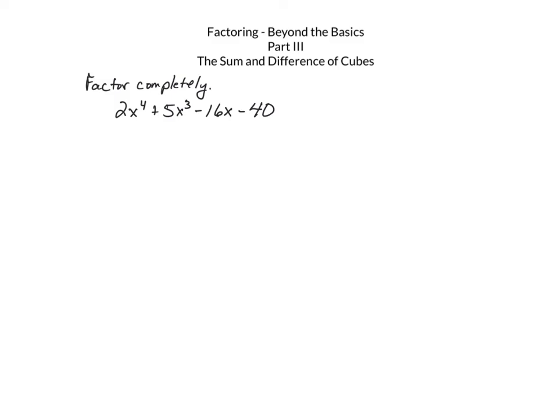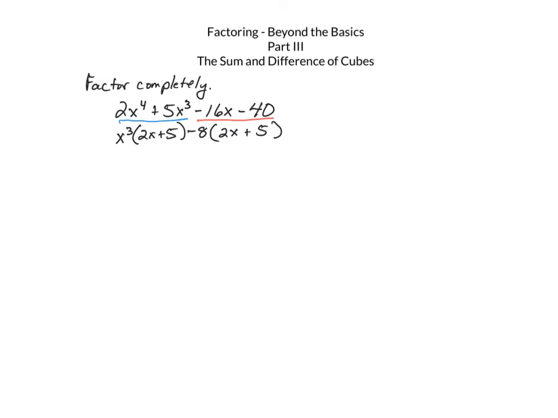If we group these first two terms together, we see the common factor is x cubed. And then we're left with 2x plus 5. And if we look at these next two terms, we see that the common factor is negative 8. And if we factor out a negative 8 there, we're left with 2x plus 5.